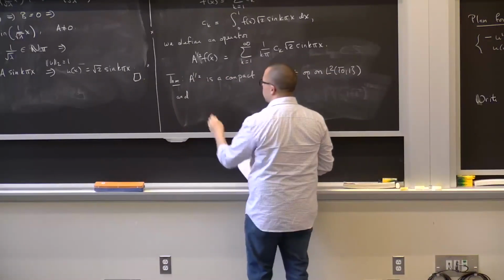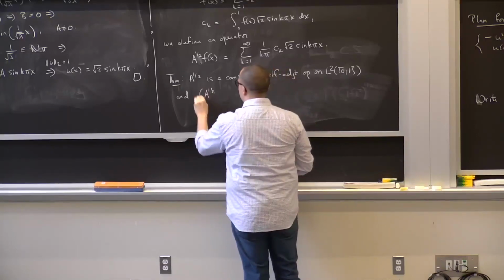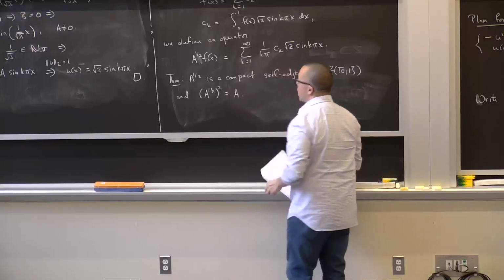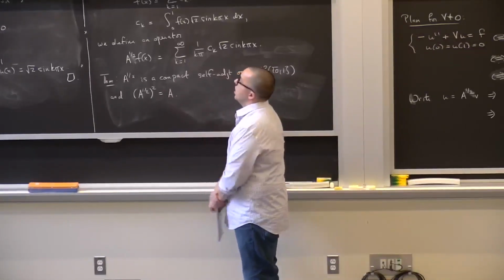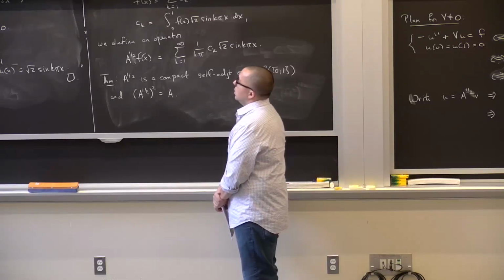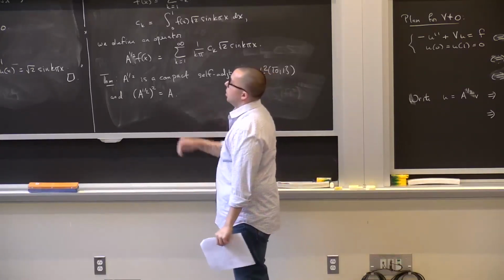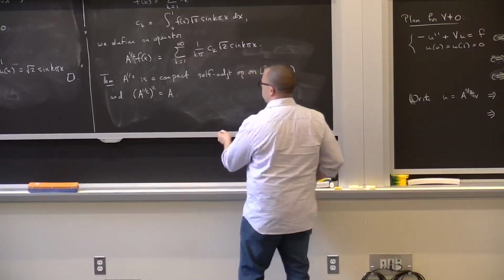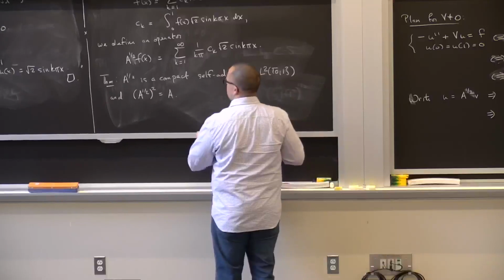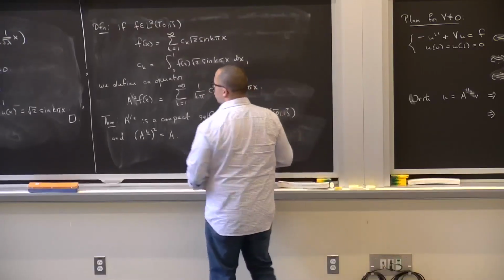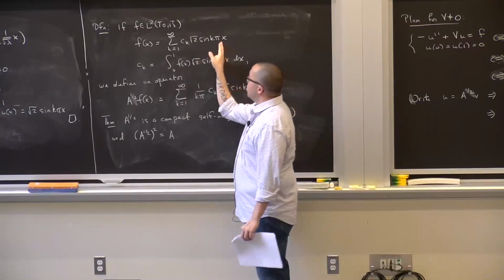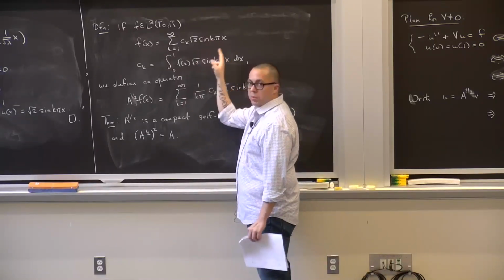And this notation is not just for show. If I take A to the 1/2 and compose it with itself, meaning I square it, I get the operator A, which remember was defined as this integral operator involving k. Remember, A, when it hits each of these sine k pi x's, spits out 1 over k squared pi squared.